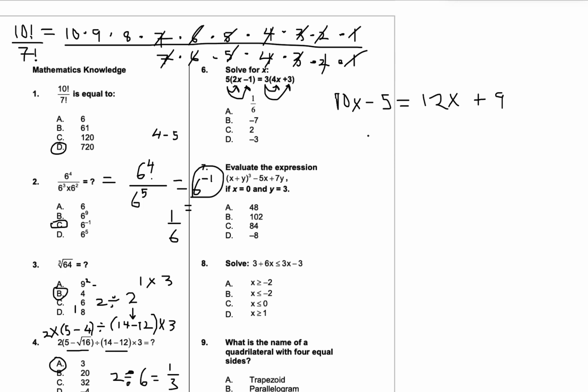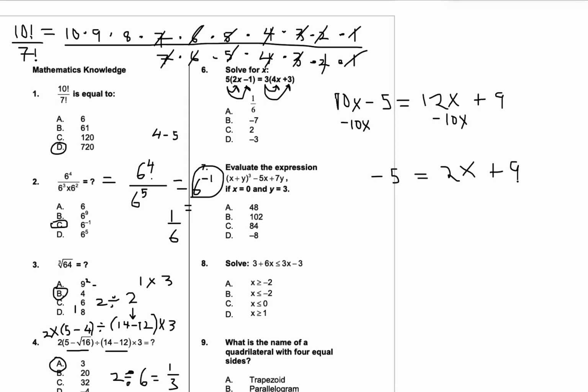And afterwards we can rearrange it to get like terms on one side, just to solve for x, because we are solving for x after all. So maybe what we could do is subtract this 10x from this side to the right side. After we do that, we're going to get negative 5 is equal to 2x plus 9.